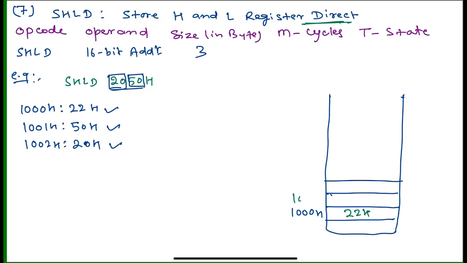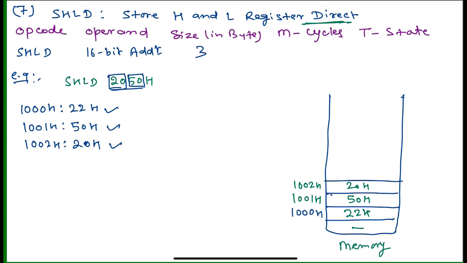Then at the next location it stores the next byte of the address, the low address byte, that is 50H. And at 1002H it will store 20H. Up to this point, the instruction is stored in this memory chip.